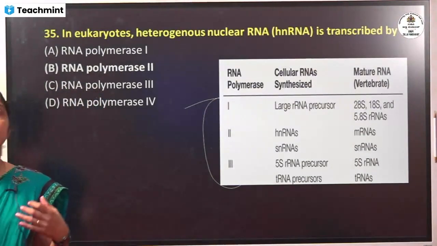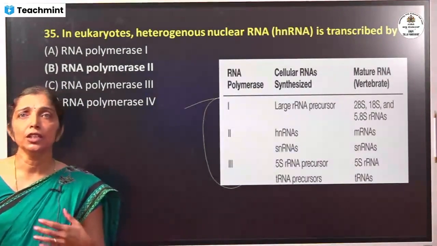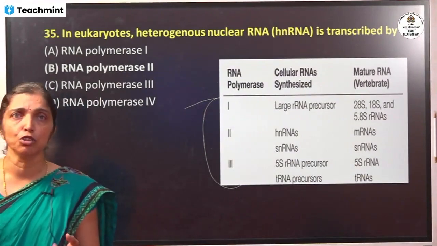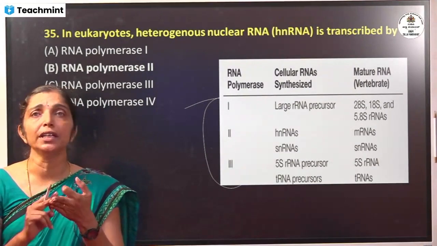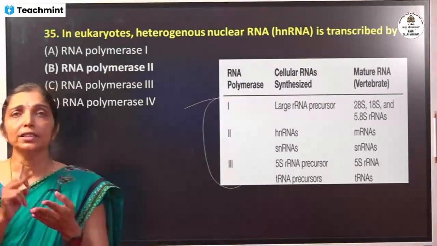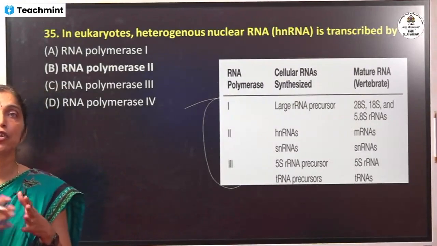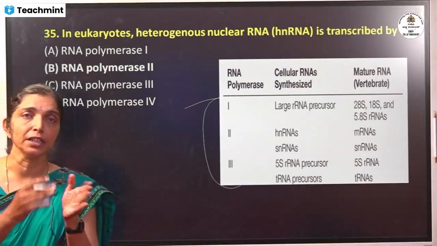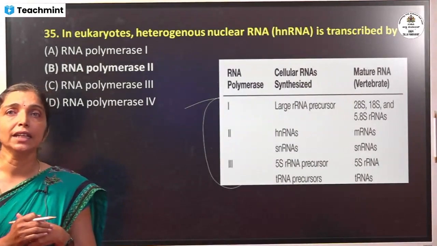Now what does RNA polymerase 1 code for? They usually go for your large rRNA precursors, that is your 28S rRNA, 18S rRNA, 5.8S rRNAs. Whereas RNA polymerase 2 codes for your hnRNA, which is heterogeneous nuclear RNA, which is then going to be modified to the matured form as mRNA.